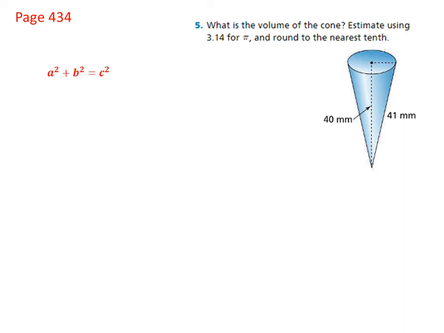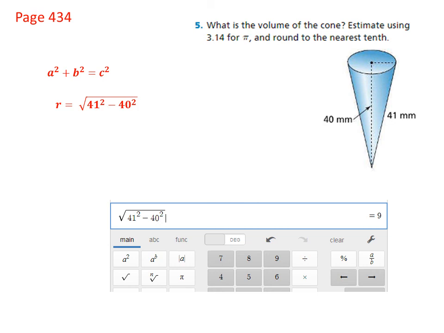Of course, we have a right angle triangle here, and the radius length of the base is a leg. How to find the leg? Using the Pythagorean theorem, of course. So r equals square root of 41 squared minus 40 squared. The answer is 9. So the radius length of the base is 9 millimeters.